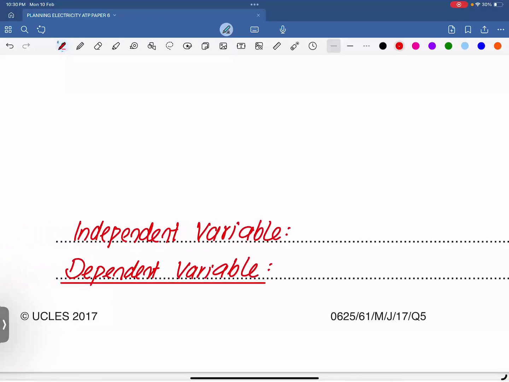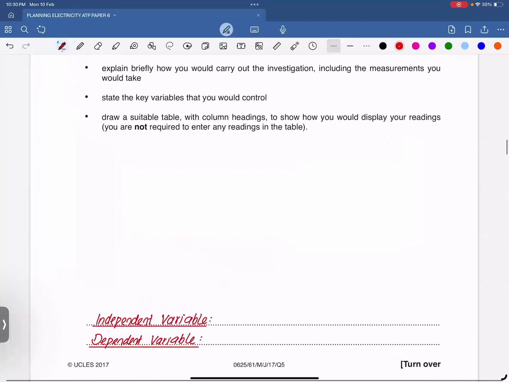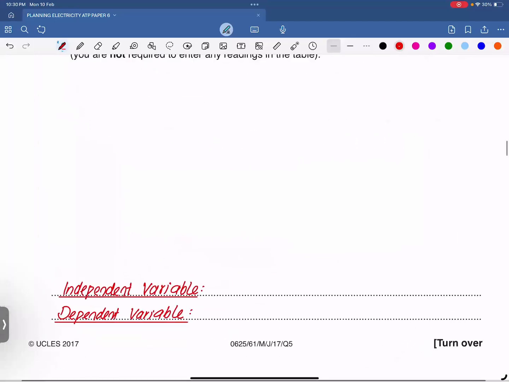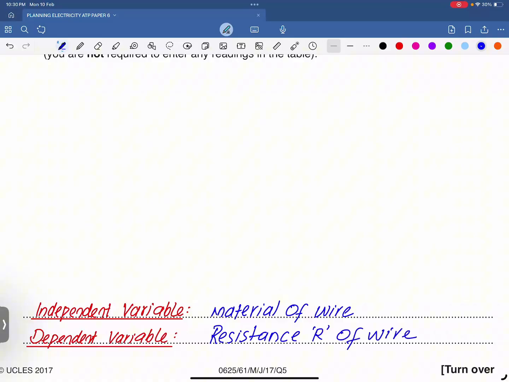I keep attending Cambridge workshops for the exam correction, so this is the most important point you have to keep in your mind. Your independent variable is the material of the wire. Dependent variable is resistance R of the wire.